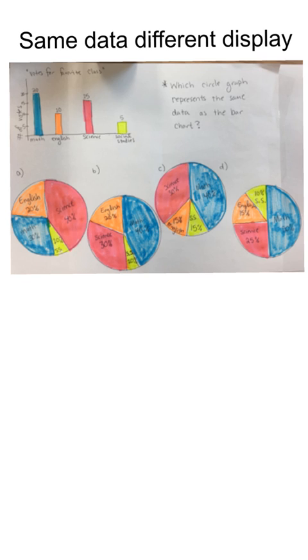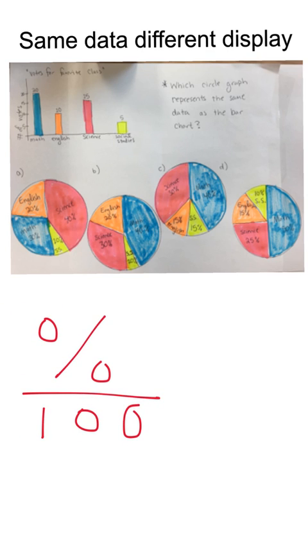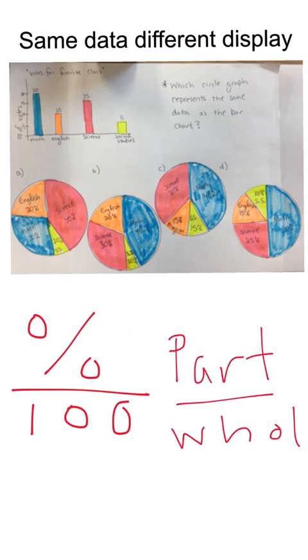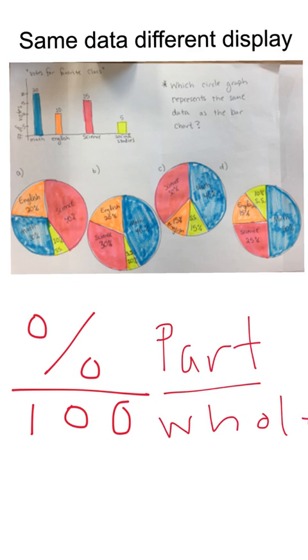The biggest thing that helps me when I'm actually trying to do the math is to remember that a percentage is really just any number over 100. And a fraction is a part that's over a whole.